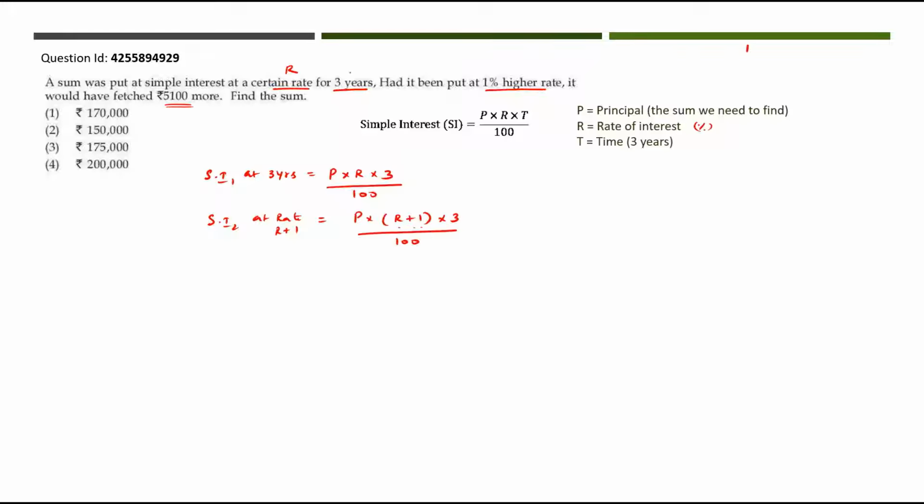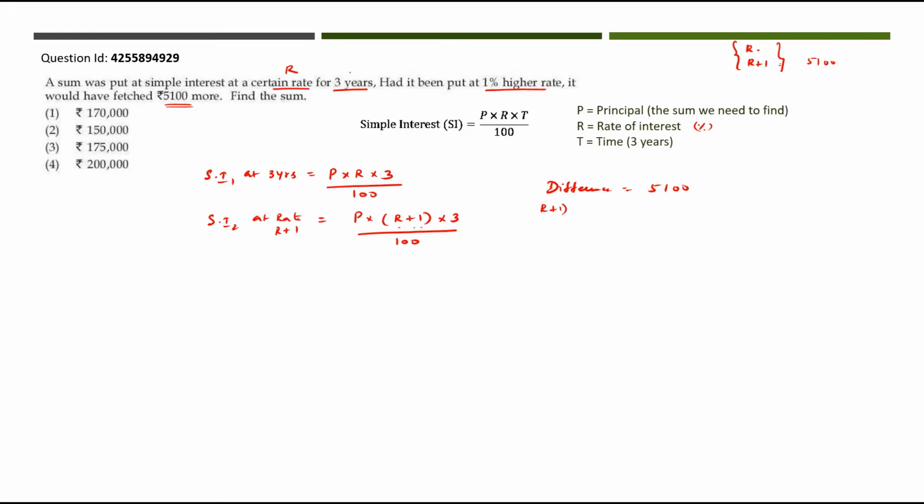When it is for R rate of interest, there is a particular interest. When there is 1% higher, they say it has an extra value of 5,100. It means the difference between both the rates will be 5,100. So the difference value is given as 5,100. That is what they say, it has fetched more.